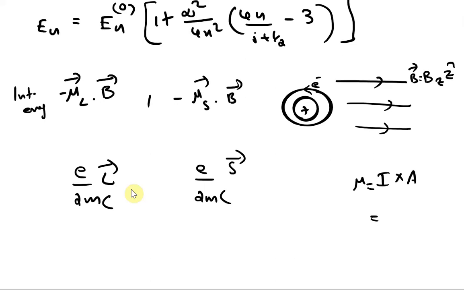Current is nothing but charge by time, right? So the charge is e divided by time. Let us take the entire path as circular, so the time is 2 pi r divided by the velocity. That velocity will come on top, and this is the pi r square term, right? Area is pi r square.